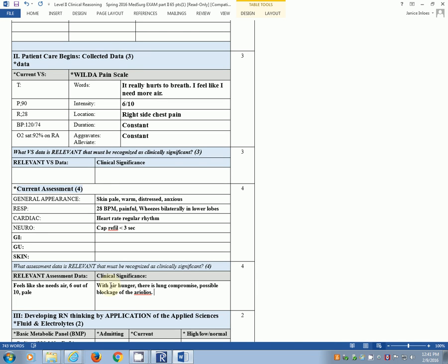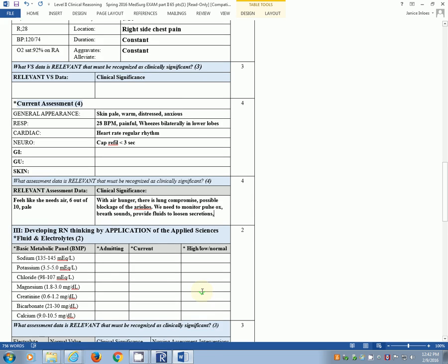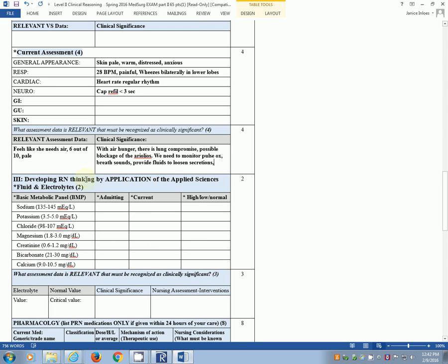So that clinical significance, we need to monitor pulse ox, breath sounds, provide fluids to loosen secretions, etc. Y'all can't write etc. But I guess since I don't want y'all writing it, I better not write it. And then down through here, did you do any of this? If you didn't do any of these things, you don't have to address them.